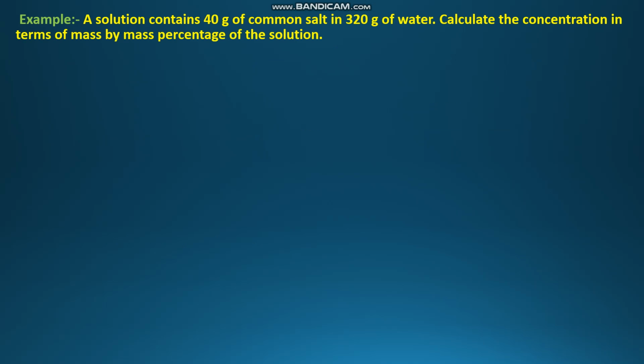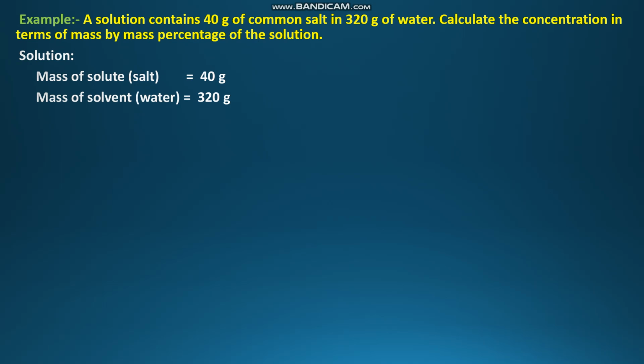So, what is given in this problem? The mass of solute is given and mass of solvent is given. If mass of solute and mass of solvent are given, we can find out the mass of solution by adding these two. So mass of solute, the common salt or simply salt, is equal to 40 gram.